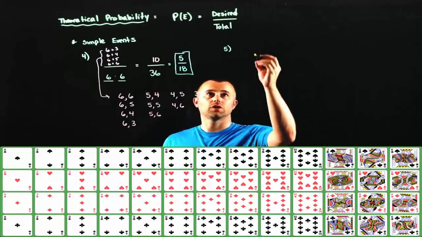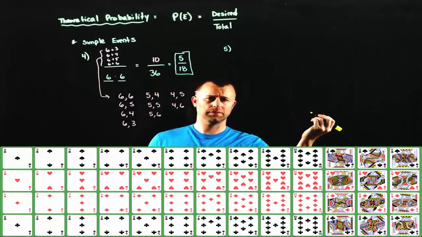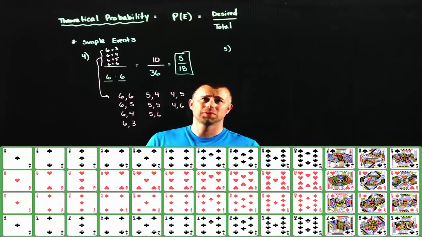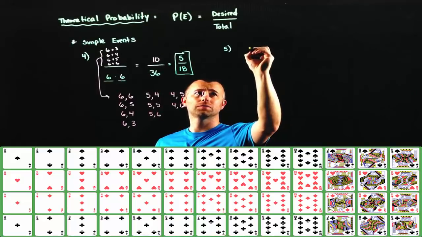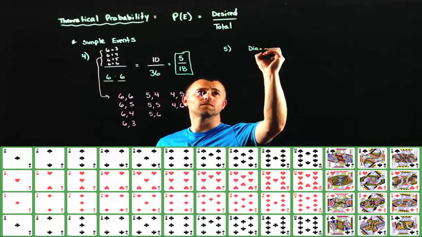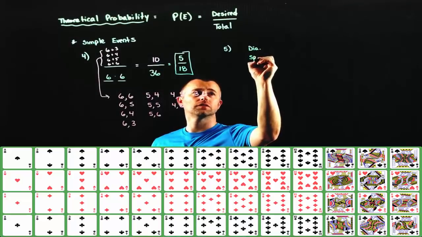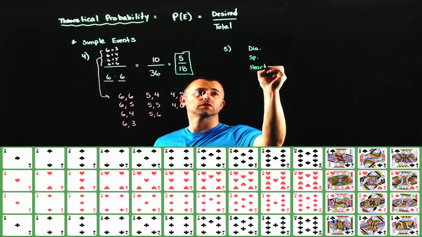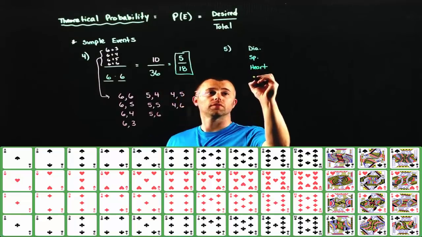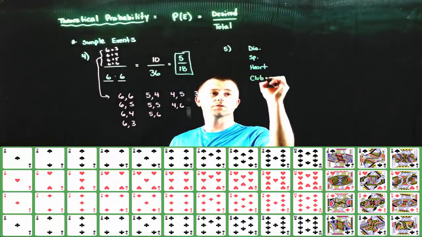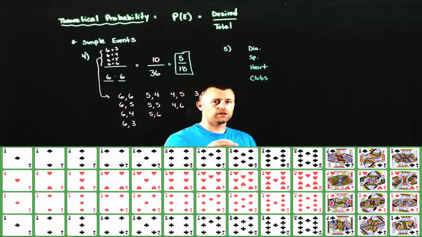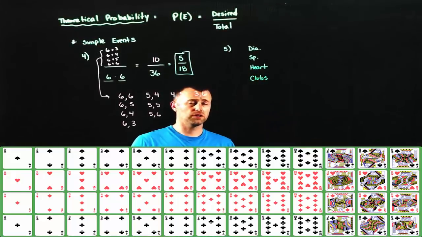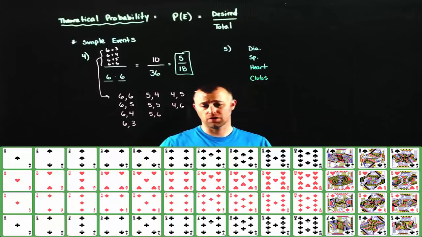So the types of cards, and I'm not even really a card player, but I know we have our diamonds, we have our spades, we have our hearts, and our clubs. So there are 4 types of cards, and there are 52 cards in an entire deck. If you don't know, you can see the picture.